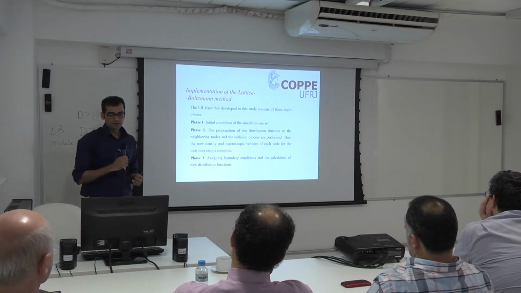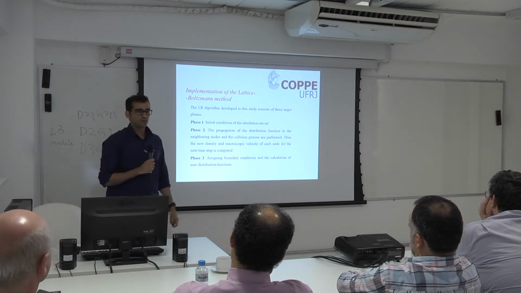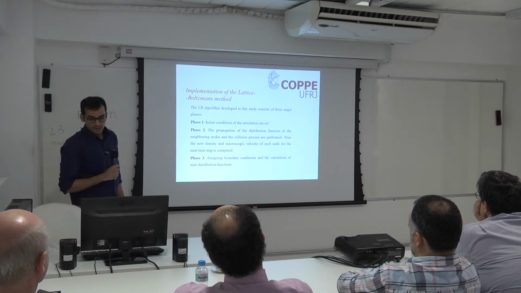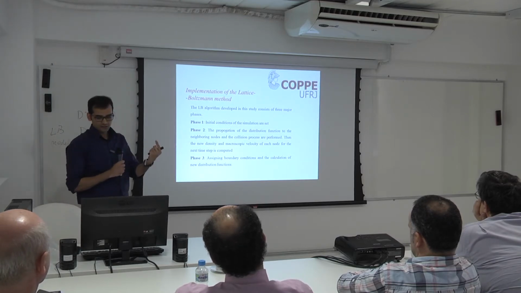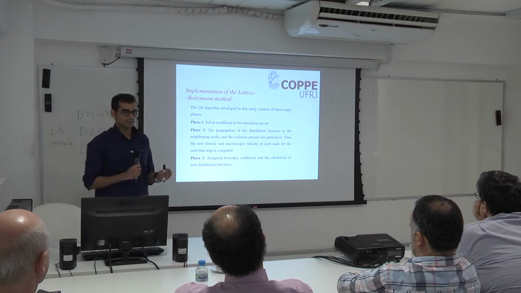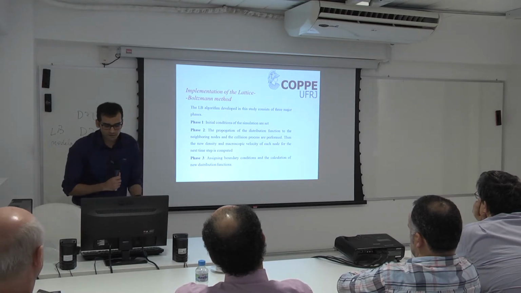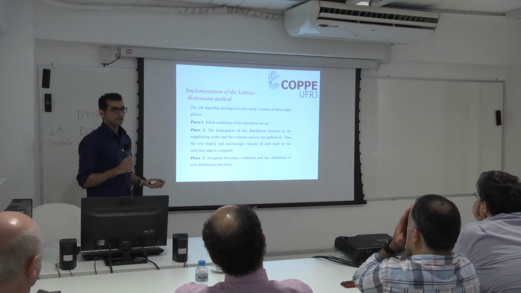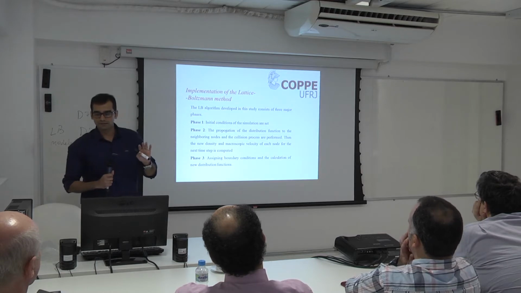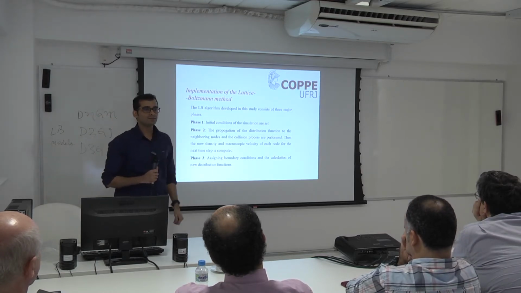So how do we do the simulation in this Lattice-Boltzmann programming? In 3 phases. The first phase is the initial conditions of the simulations when you set them. What does it mean, initial conditions for the Lattice-Boltzmann? Because here, like I told you, we are dealing with non-dimensional quantities; our space and time are all in lattice units.